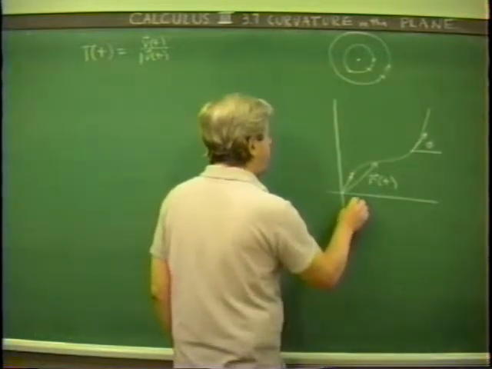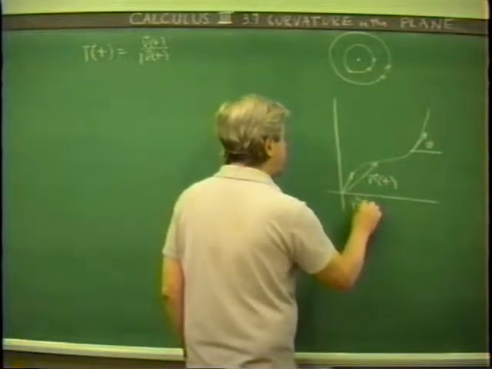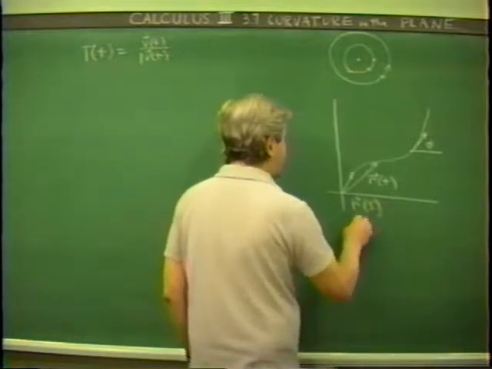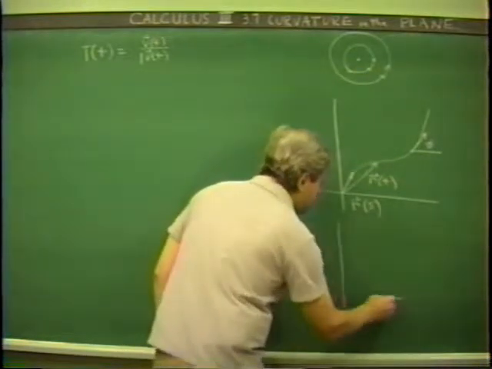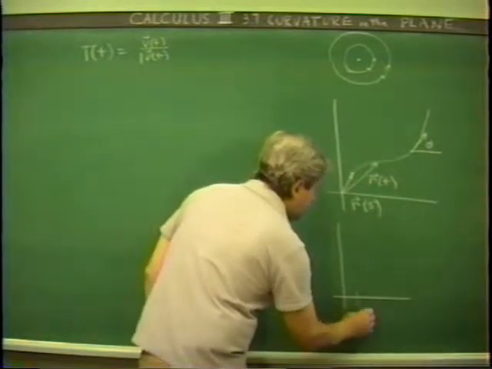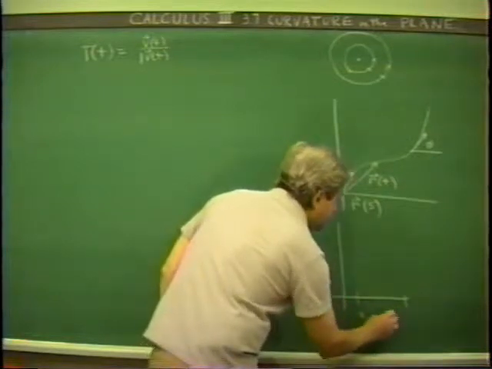What we really wish to do is reparameterize this curve here so that we are traversing it at a constant unit rate. Reparameterize it with r of s. This can be done as follows.